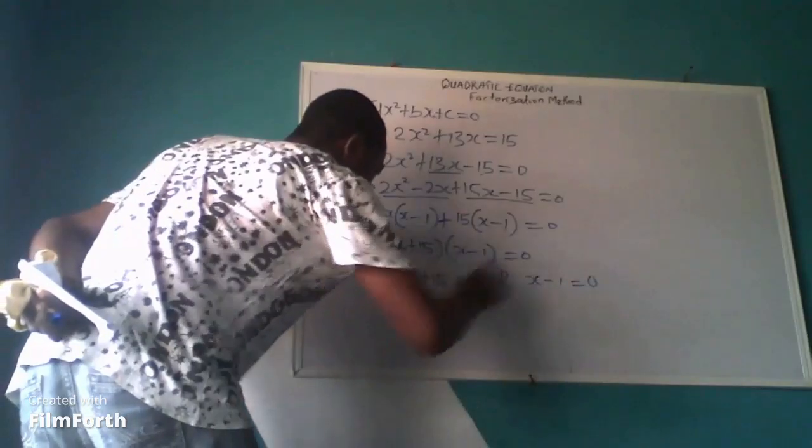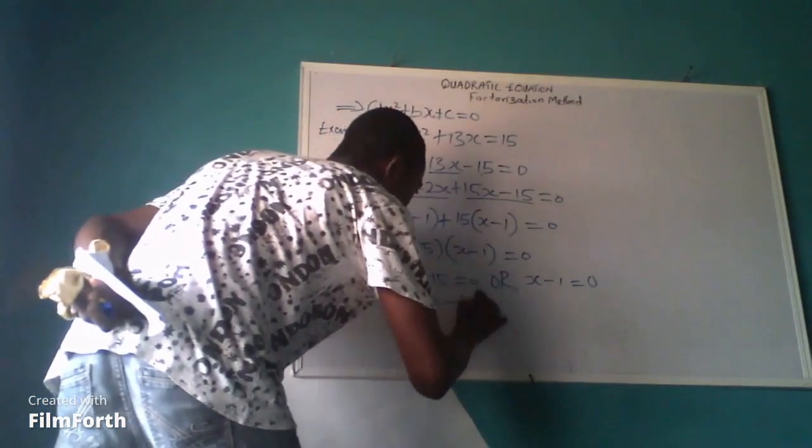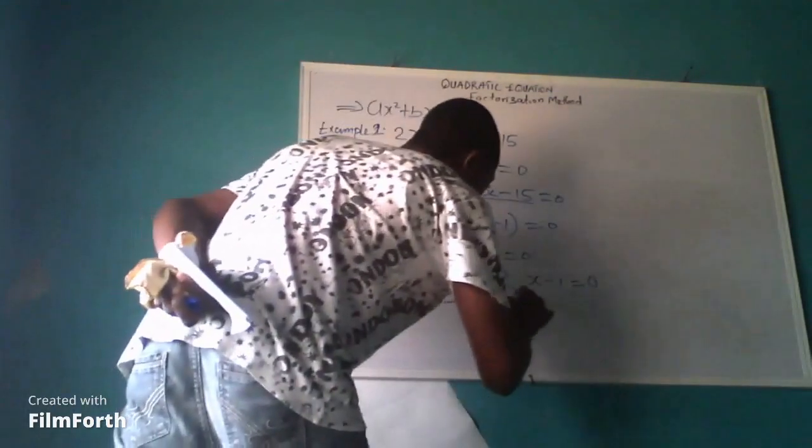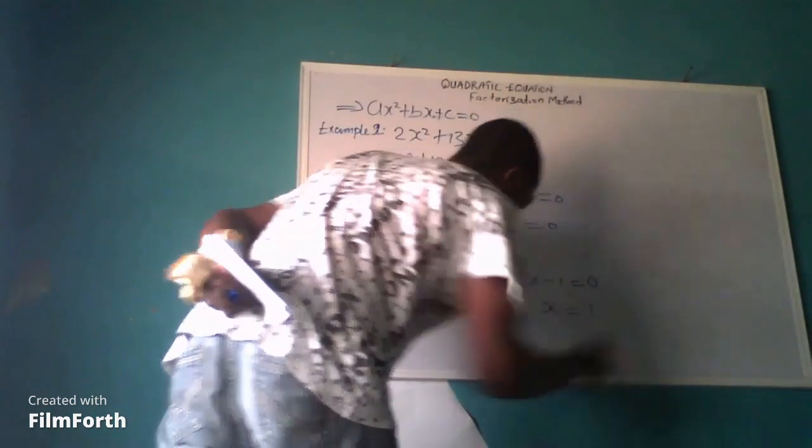Take 15 to the other side so that we have 2x equals minus 15, or x equals 1.